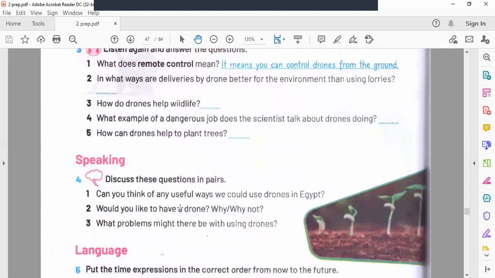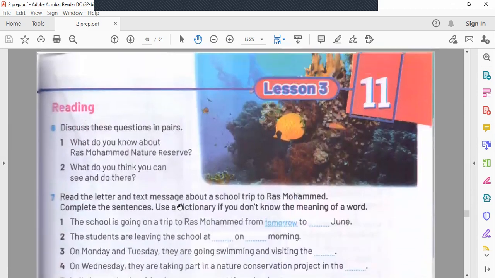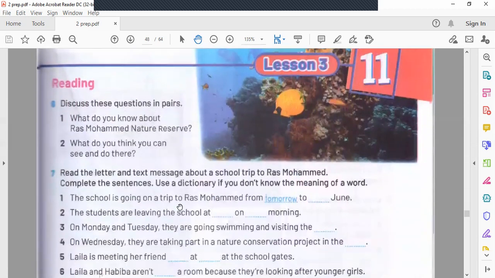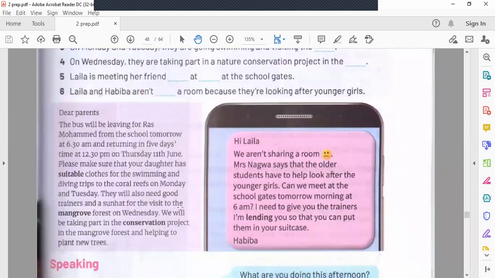Okay, so shifting to the next point. Let's read the letters and try to do the exercise. Dear parents, the bus will be leaving the school tomorrow at 6:30 a.m. and returning in 5 days' time at 12:30 p.m. on Thursday, 11th June.